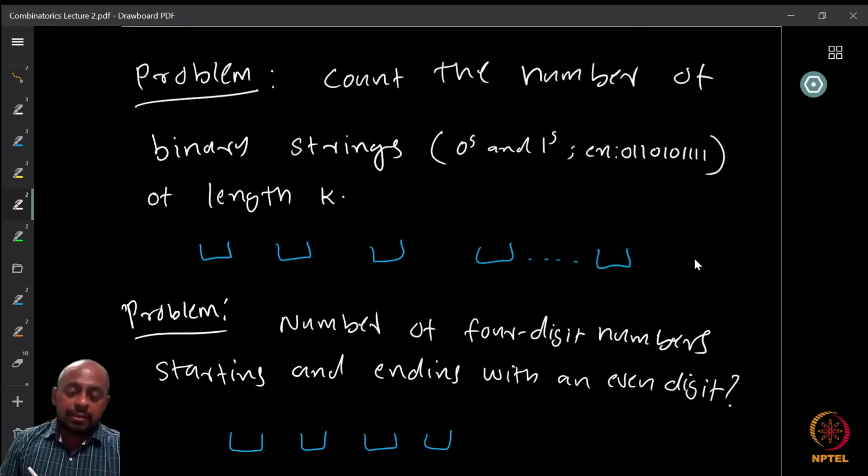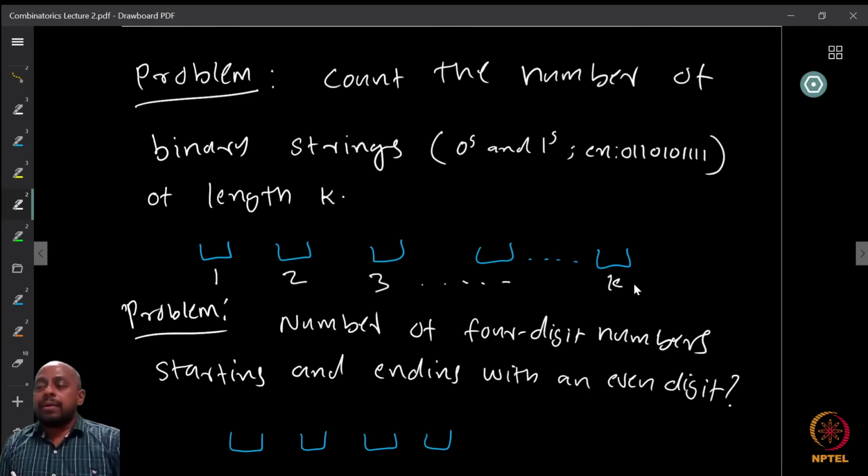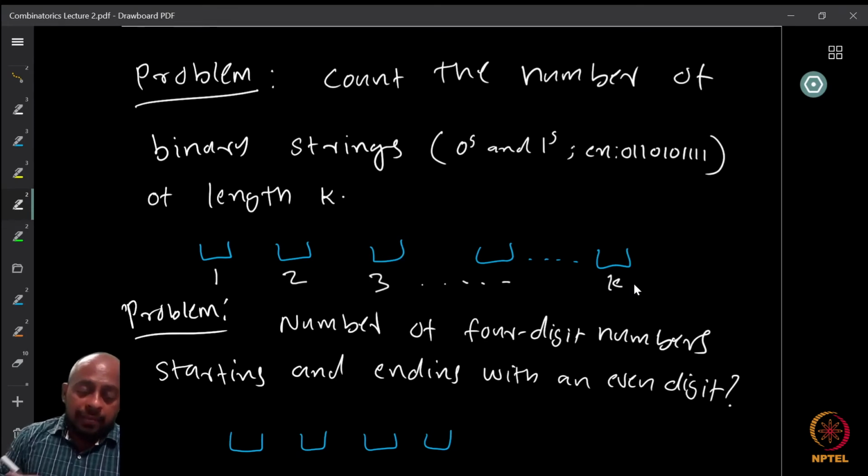So what we know is that we are going to look at strings of length exactly k, right? So a string of length k means that there are k positions, right? Position 1, position 2, position 3, etc. Position k. So we have strings with k positions.